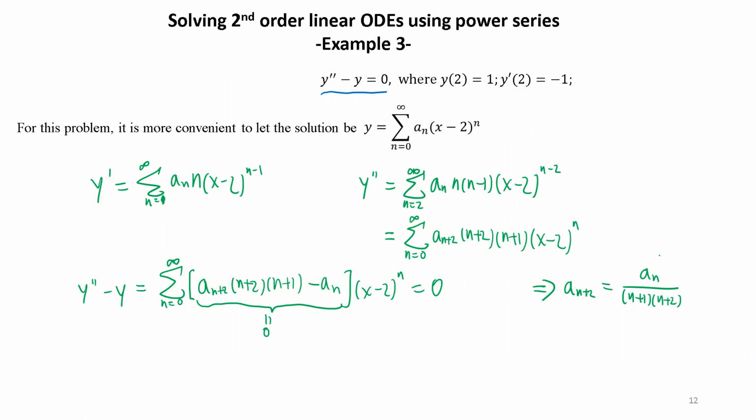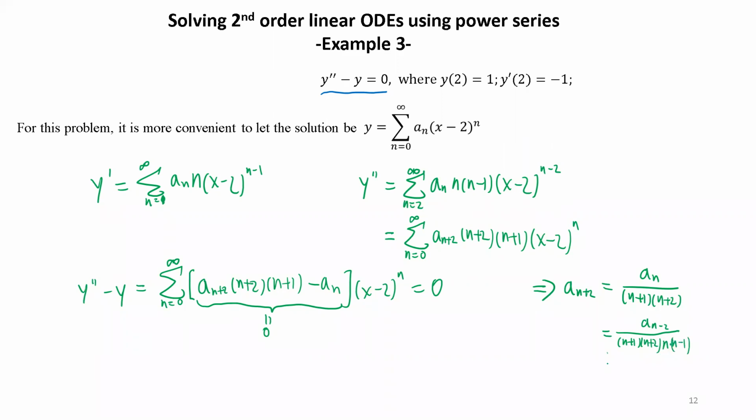So that's the recurrence relation. You can see that this is a_(n-2) divided by (n+1)(n+2) that I had already, and then also times n and (n-1).